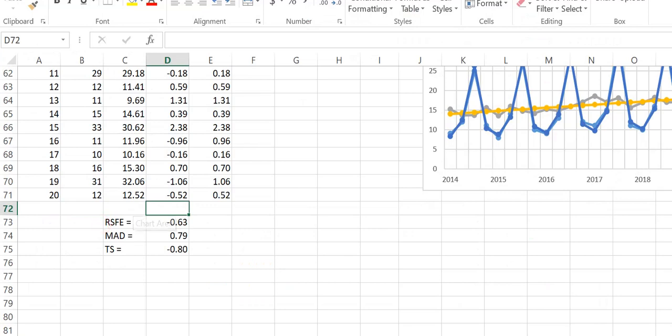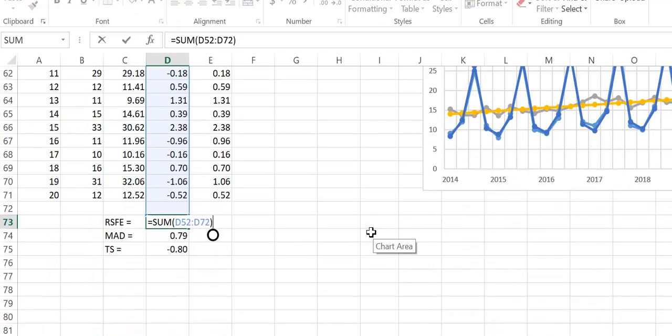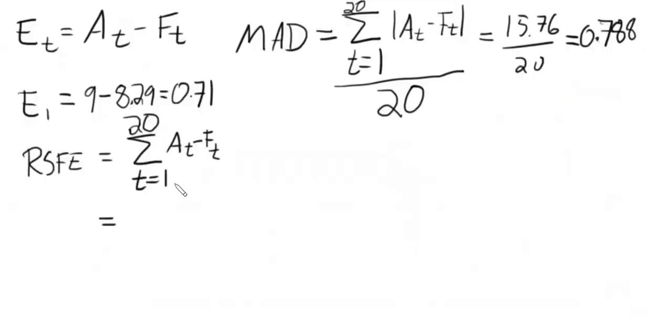That's what I've calculated right here. Summing those terms up, the running sum of forecast errors is in this case negative 0.63.